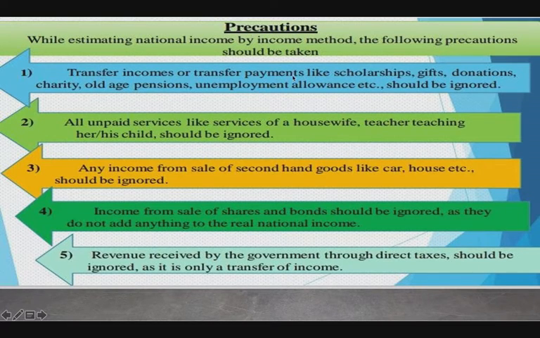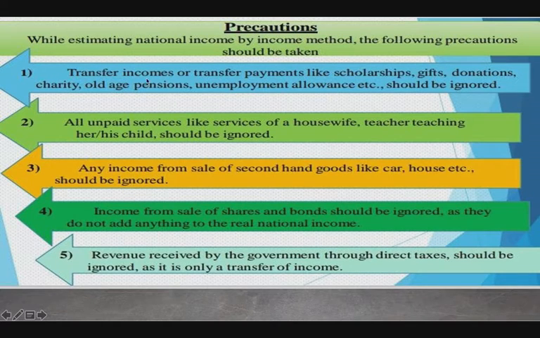Why is this transfer payment avoided? Because national income is the money value of all goods and services which are produced in the current year. Produced means any commodity produced by a firm or a person. So the value of production is what is considered in national income.